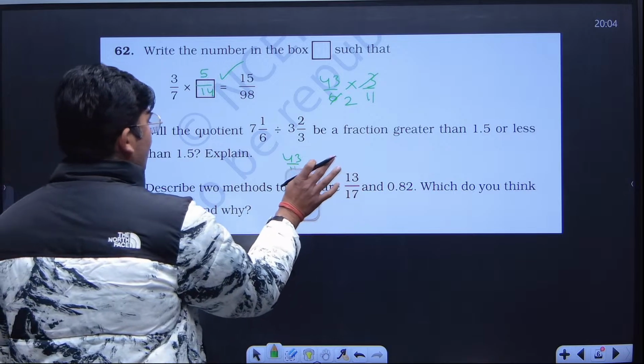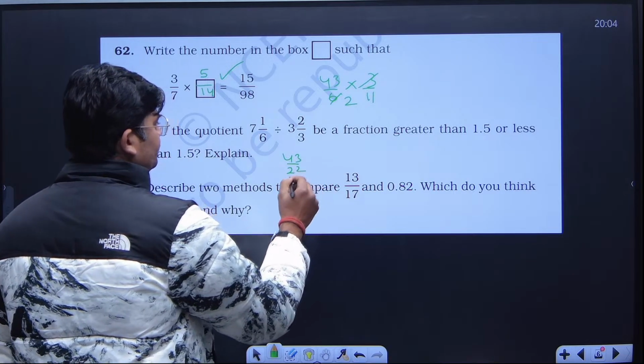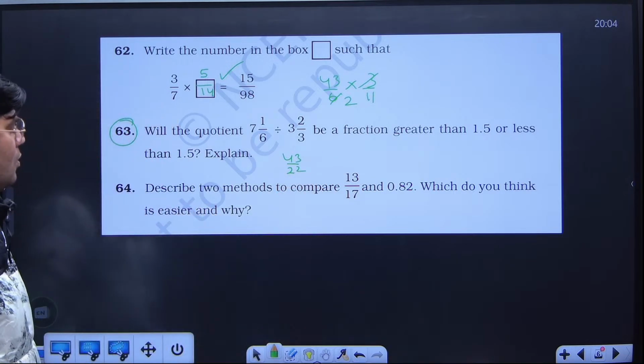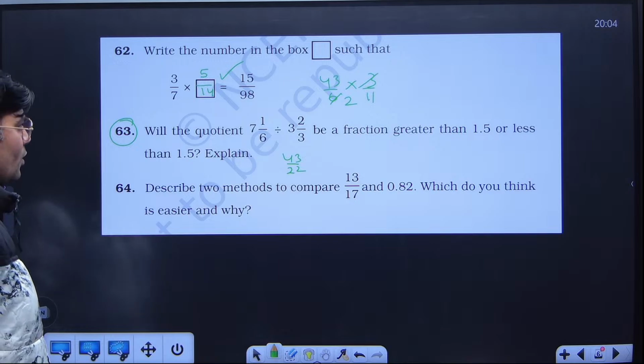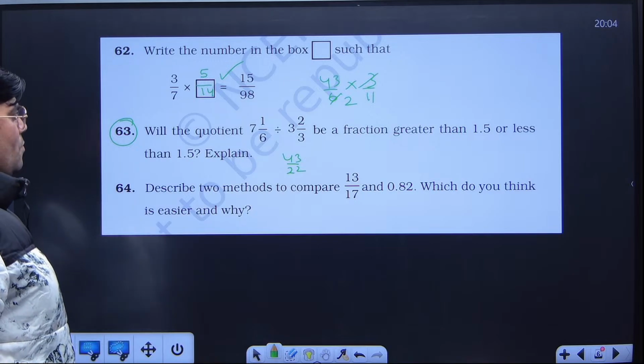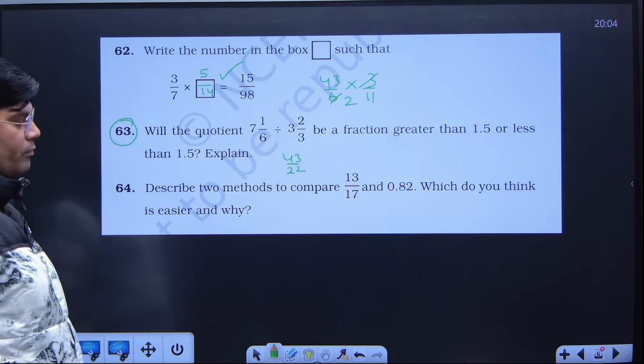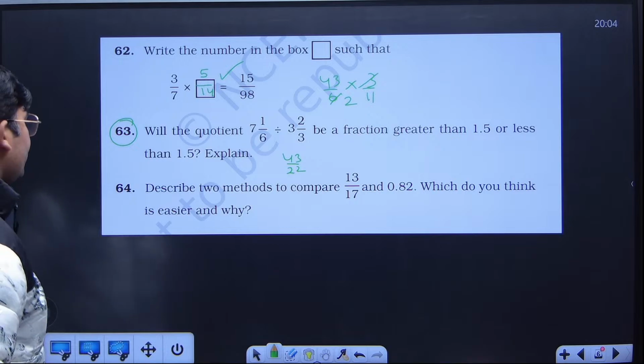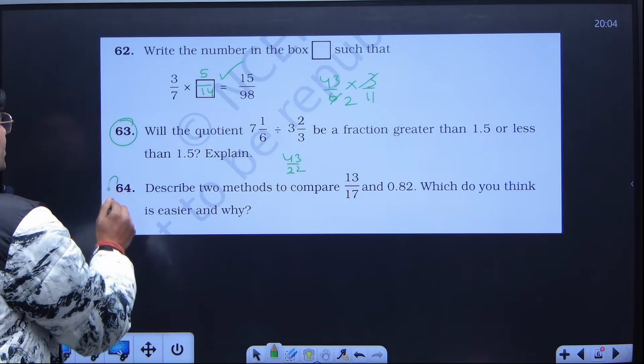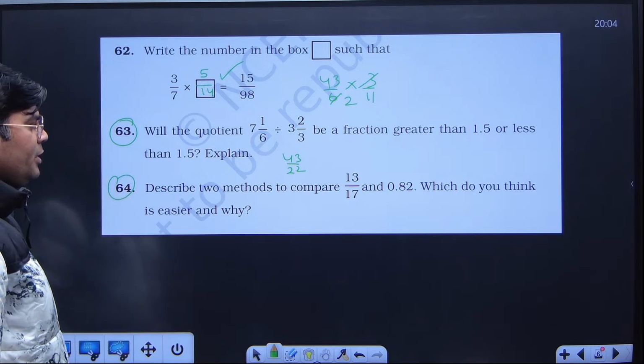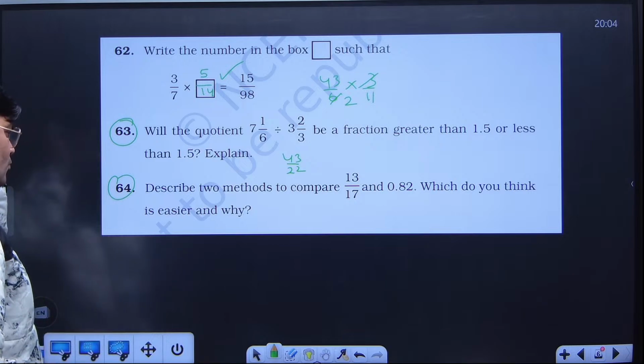Yes, 43 by 20 is greater than 33 by 20. It is greater than 1.5. Okay. Describe two methods to compare 13 by 17 and 0.82.